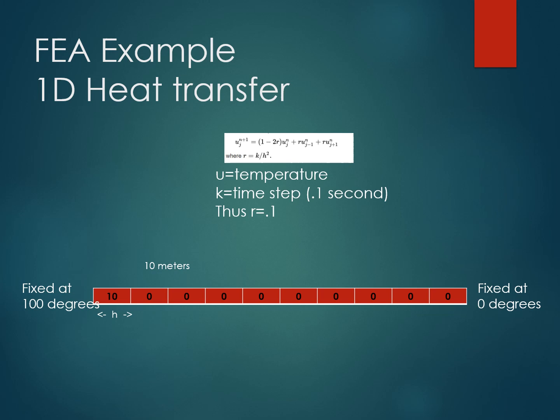That was our first time step, and we only had to calculate that one element, this spot right here, because there was only one non-zero element in this simulation, this fixed boundary at 100 degrees. So now let's take a look at our second time step.